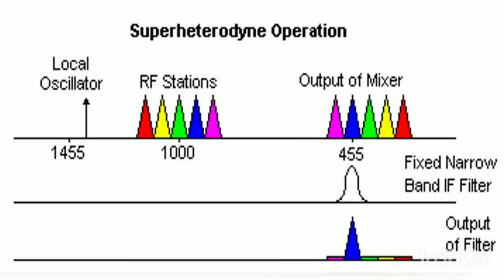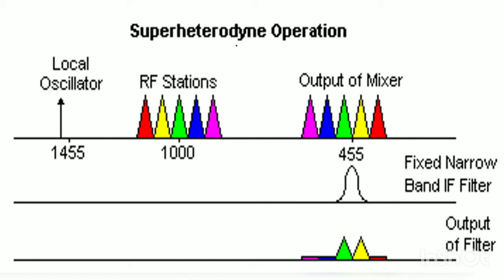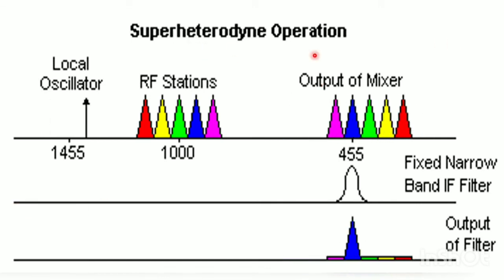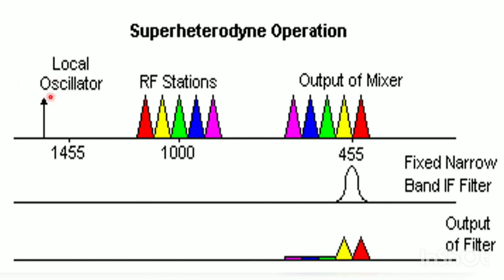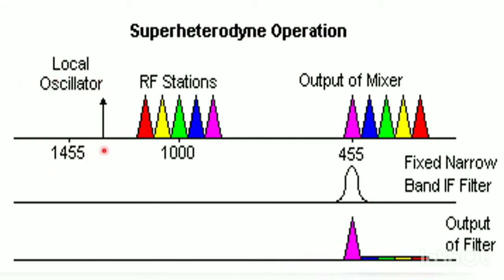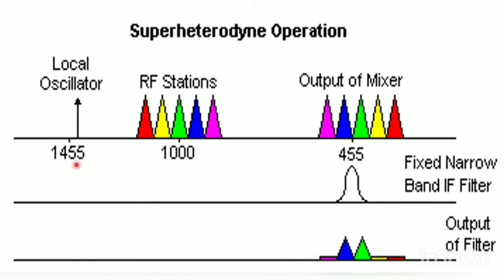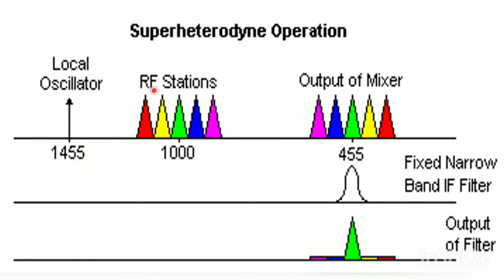Next, here I have a representation of our superheterodyne receiver. Okay, now consider I am setting the local oscillator frequency to be 1455 and our RF station frequency to be 1000.